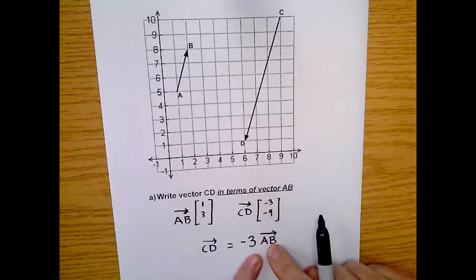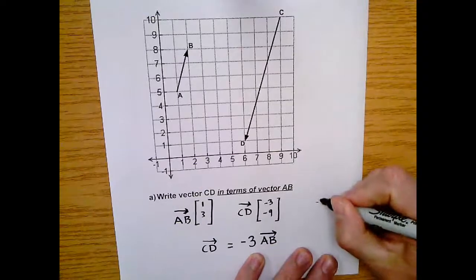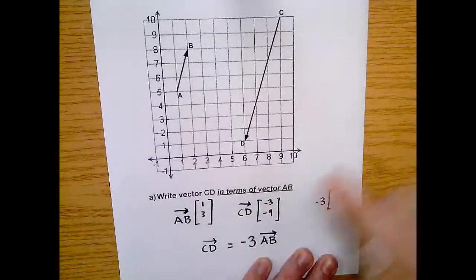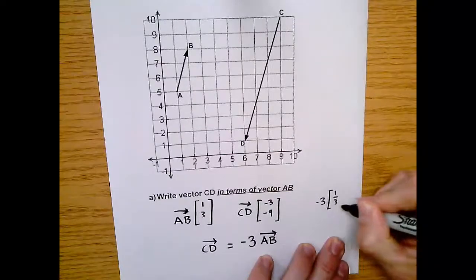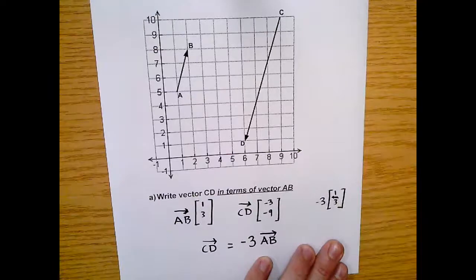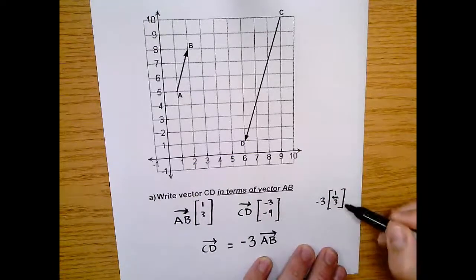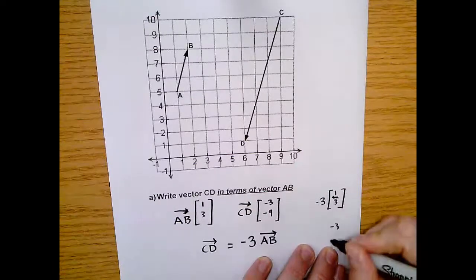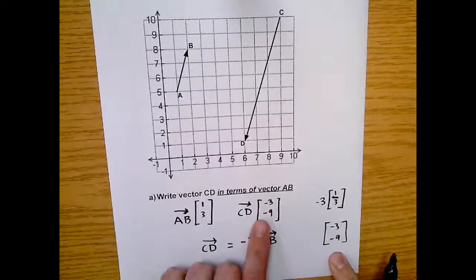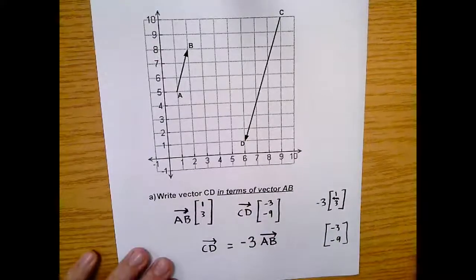If you substitute that into column form, it's like saying negative 3 times, instead of AB, I write 1 over 3, and there's no fraction sign there. Whoopsie, that's my bad. So if you apply that, you get negative 3 and negative 9, and that right there shows you that that is CD. So that's how you do it, and that's why it works.